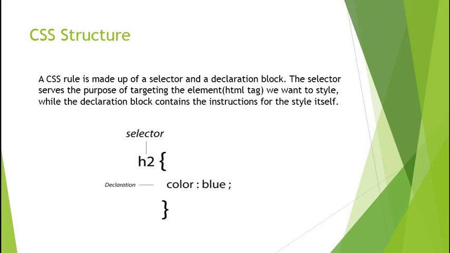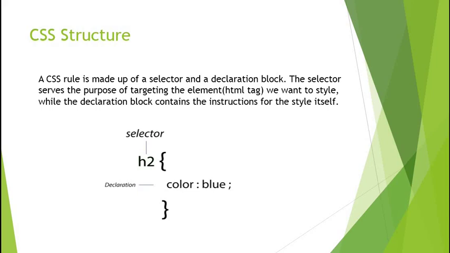The structure of CSS is very simple in every sense of it: a selector and a declaration block. Let me read from my slide. A CSS rule is made up of a selector and a declaration block. The selector serves the purpose of targeting the HTML element or tag, or elements, you could use them interchangeably, that you want to style, while the declaration block contains the instructions for the style itself.